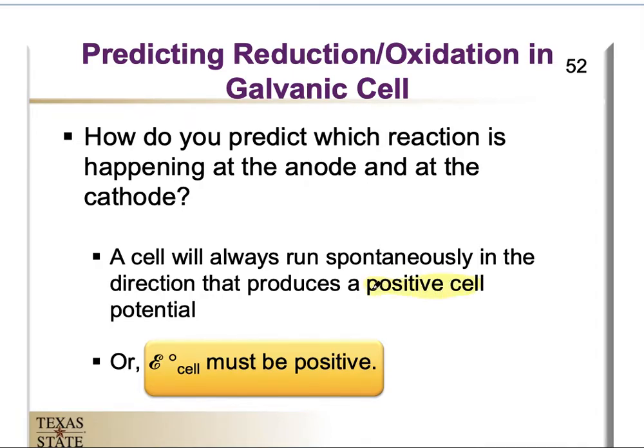And for you to have a positive cell potential, the reduction needs to have the more positive potential, and the oxidation needs to have the other one, basically. So your cell potential will be positive. If the cell potential was not positive, then it would not be a galvanic or voltaic cell. It would not provide you with electricity. Okay?